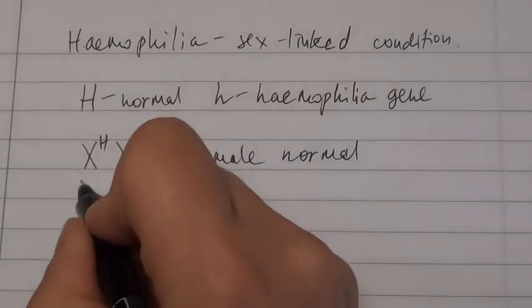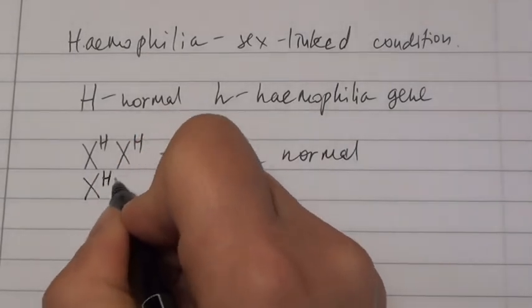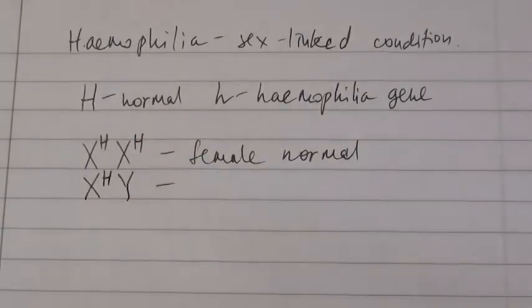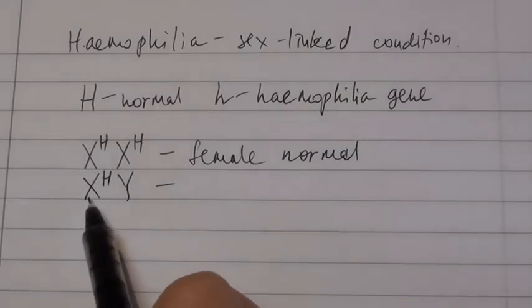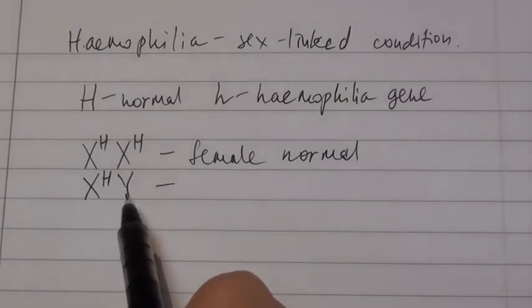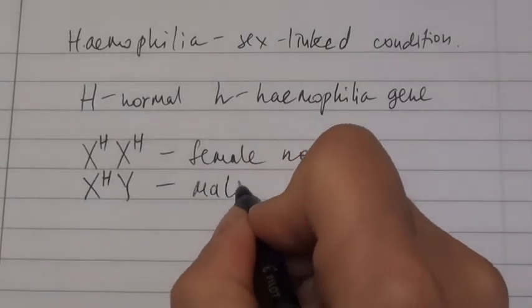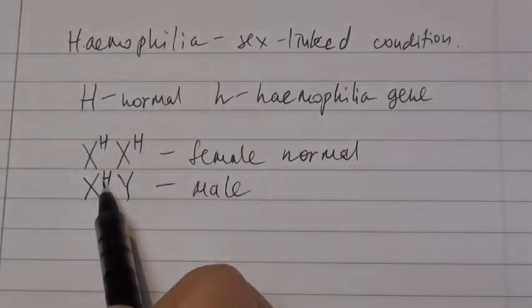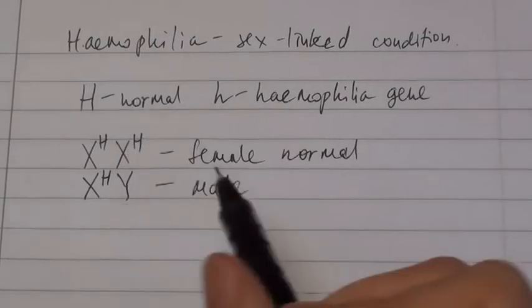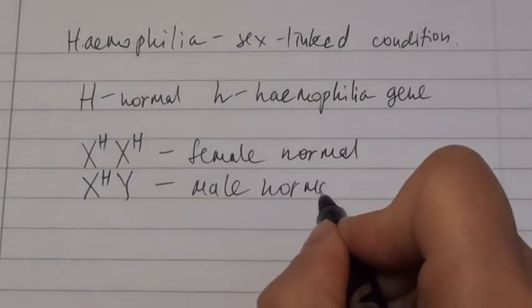Now, let's take the next scenario. What about this person, with a big H on the X and a Y? Let's think about whether they're male or female. XY means that they're male, and the big H means that they are normal, so this is a normal male.